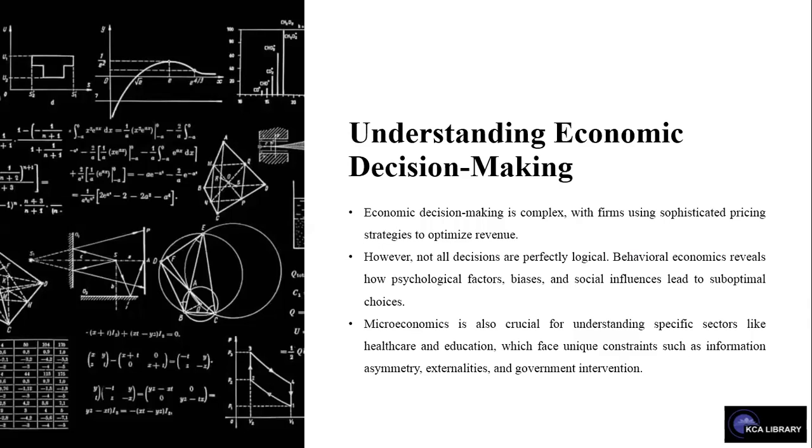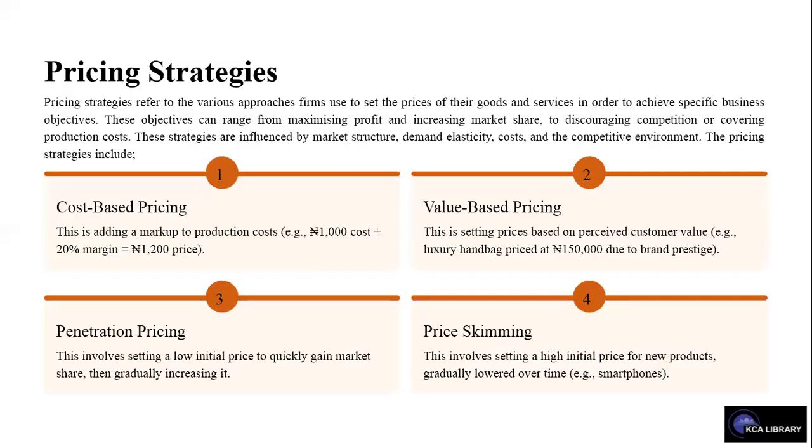Behavioral economics reveals how psychological factors, biases, and social influences lead to suboptimal choices. And microeconomics is also crucial for understanding specific sectors like the healthcare and education, which face unique constraints such as information asymmetry, the externalities, and government interventions.